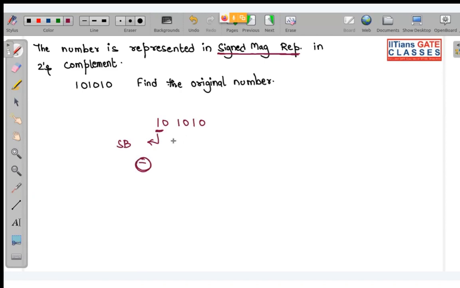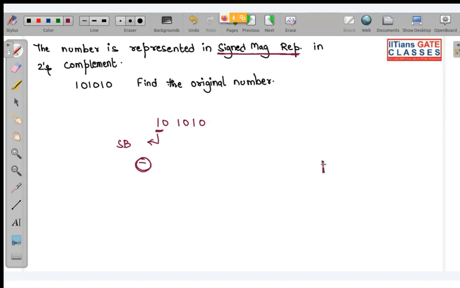So for getting the original number, we need to take 2's complement once again. Have I told you the shortcut for finding 2's complement? Yes or no? No, sir. Okay, fine.